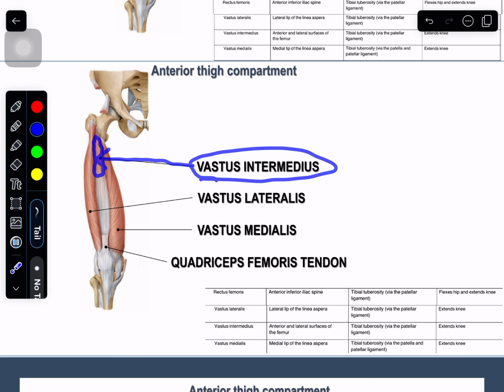We can see the quadriceps femoris tendon, or the quad tendon, down here. It's going to be that common insertion for all four of these quadriceps muscles. So when we remove the rectus femoris, we get a really clear look at the vastus intermedius, because it's deep to the rectus femoris.